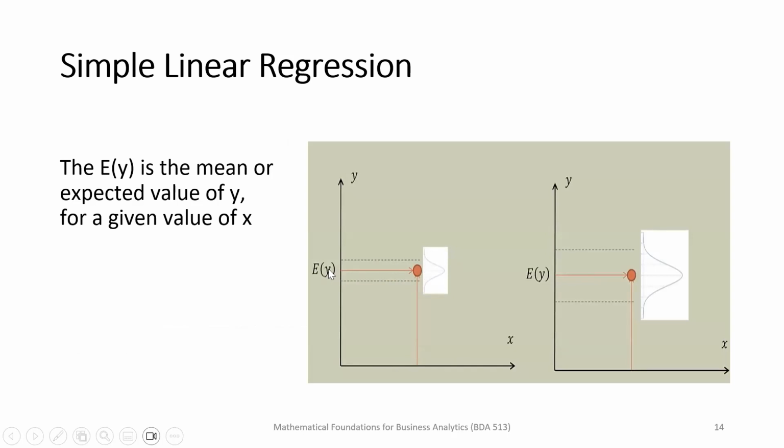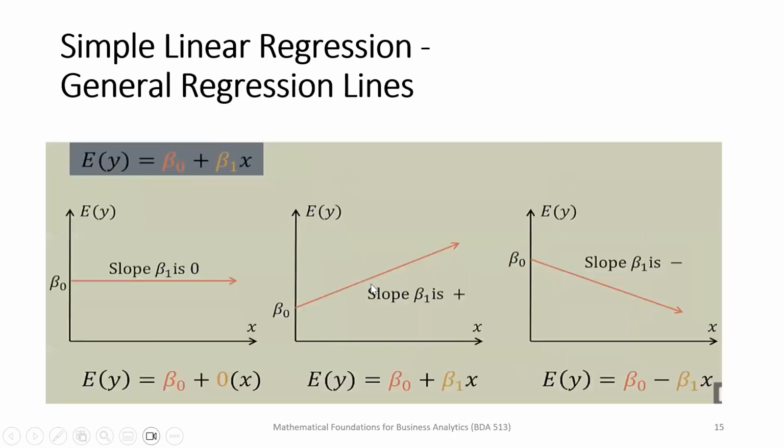We want to determine the expected value of y given x, and this can be put in an equation. First of all, we need to understand that the expected value of y is made up of two components: the intercept and the slope.